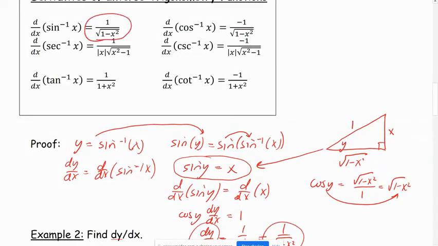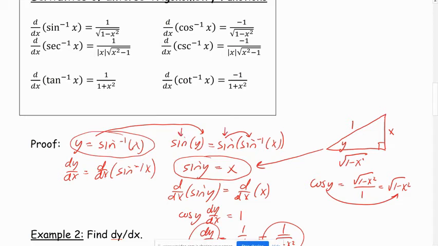And so for all of these, if you wanted to prove any of these 6, you would start with an equation like this, name the inverse trig function y, apply the function to both sides like this.